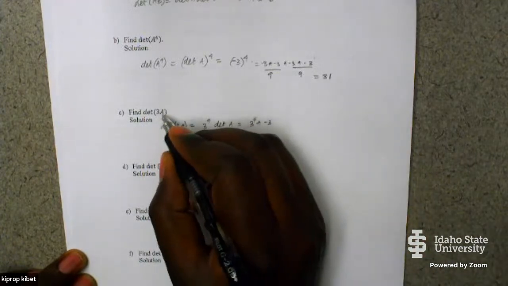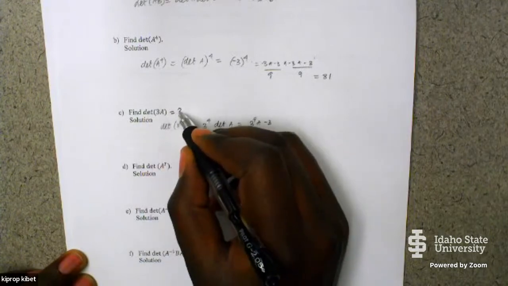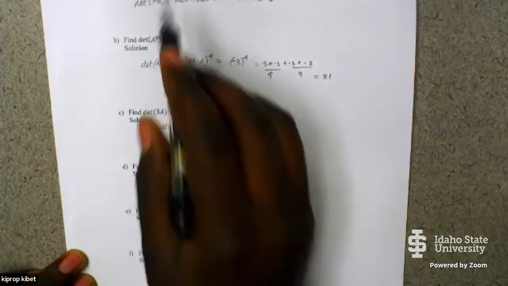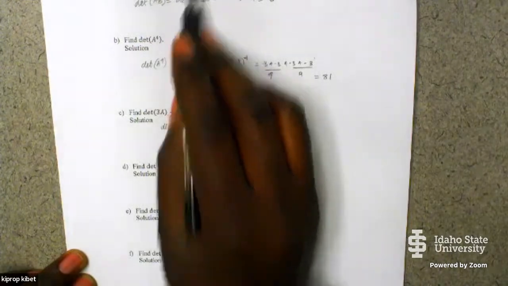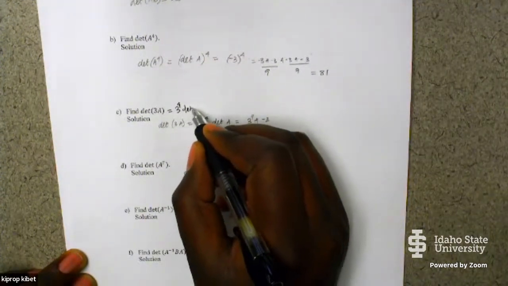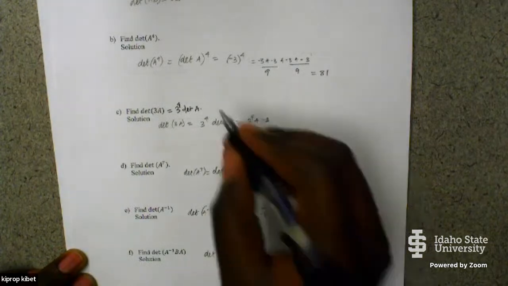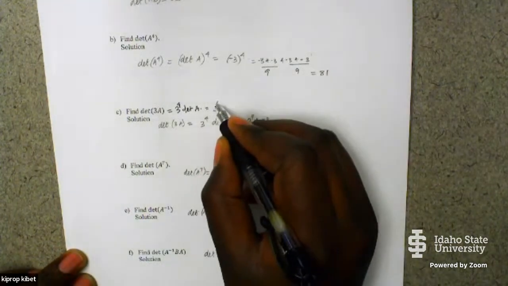3a, this is the same as factoring out the 3 and then raising to the power of 4, since this is a 4 by 4. So you raise 3 to 4 and then the determinant of A, okay? And this is the same as 3 raised to 4.